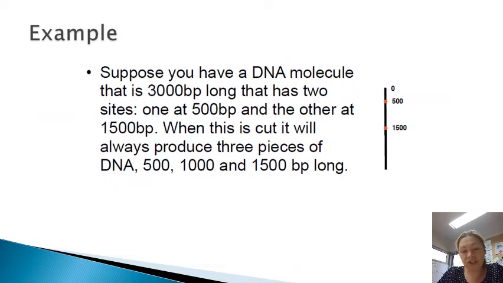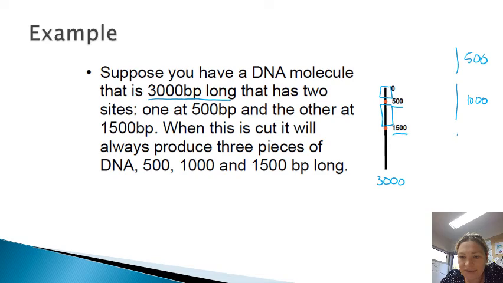With these restriction enzymes, we're just going to delve a little bit deeper and start to think about visually what happens when we cut DNA. So if we've got a piece of DNA that is 3,000 base pairs long, and we cut that DNA once at 500 base pairs and another time at 1,500 base pairs, we're going to end up with a piece of DNA that's 500, that's come from just here, a piece of DNA that is 1,000 base pairs long, that's come from the middle there, and a piece of DNA that is 1,500 base pairs long.